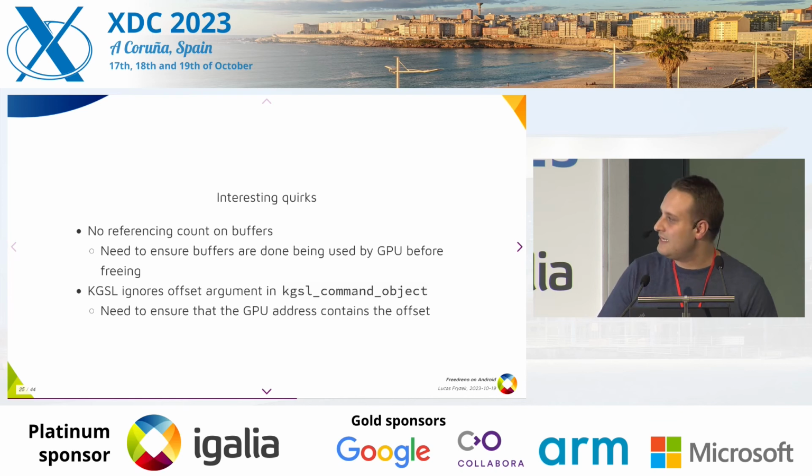Another thing that caused issues was the KGSL kernel mode driver's interface to pass commands to it. It has an offset parameter that is completely ignored, and the GPU address is the only thing that's inspected, so you have to make sure that you include the offset in the address that you actually pass when you're telling KGSL the command object that you want it to run.